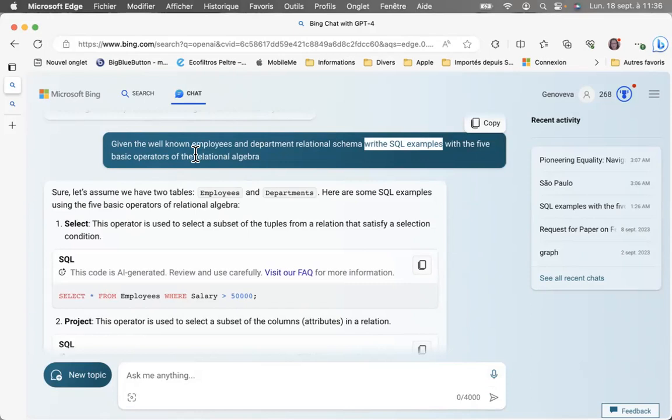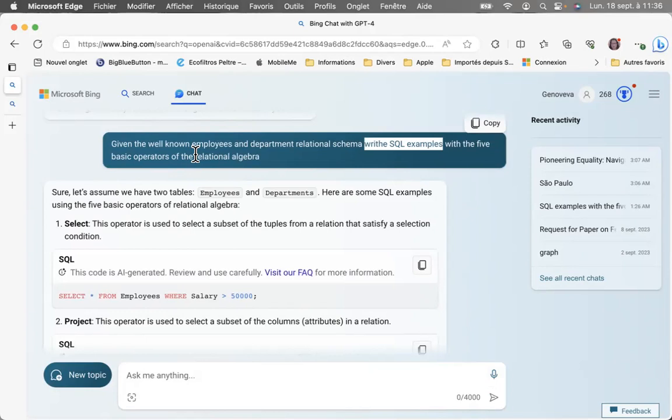So if you do not remember, once you have the relational representation of data, there are 5 basic operators that define an algebra. And so there is a relational algebra that is the basis of querying a relational database and then optimizing, etc.